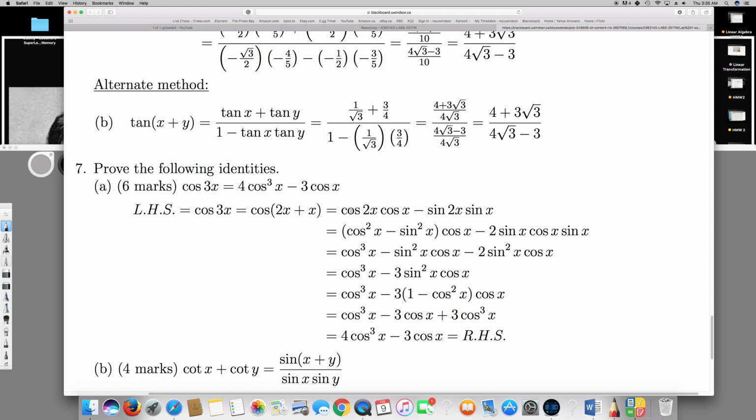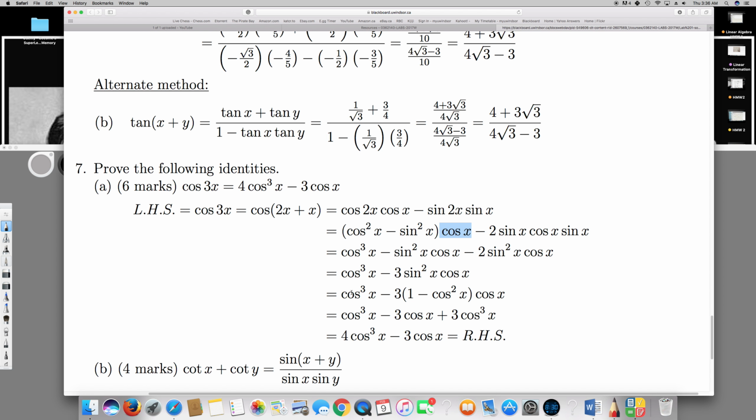Since cos 2x can be written as cos square x minus sin square x, times cos x, minus sin 2x, which is written as 2 sin x cos x, multiplied by sin x. If we multiply out the brackets, it's going to give us cos cube x minus sin square x cos x minus 2 sin square x cos x, which is cos cube x minus 3 sin square x cos x.